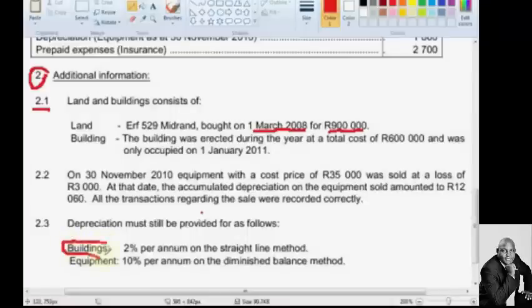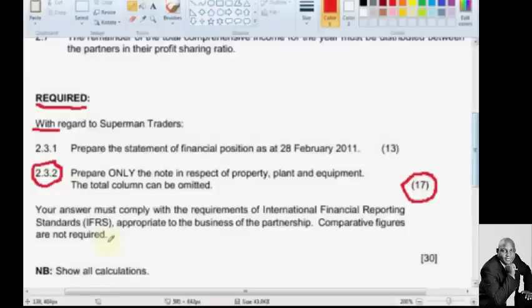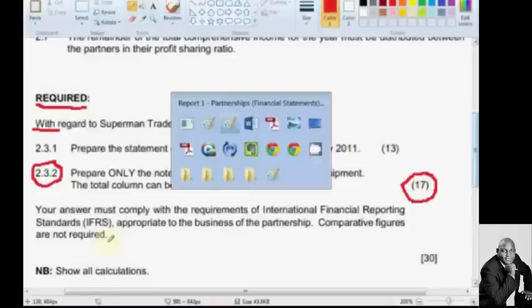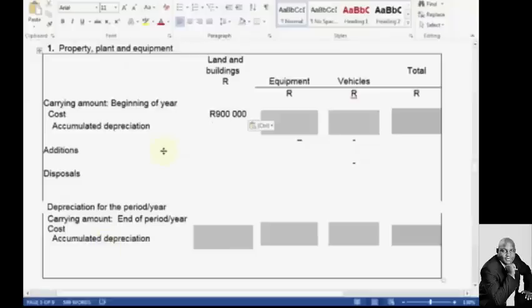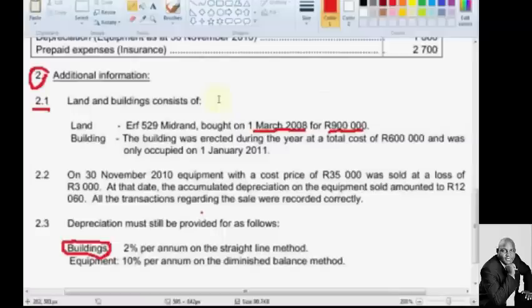The only depreciation is on buildings. It's not land. Land does not depreciate. So our depreciation is 0, which means our carrying amount, cost minus depreciation, is 900,000. Okay, wonderful.